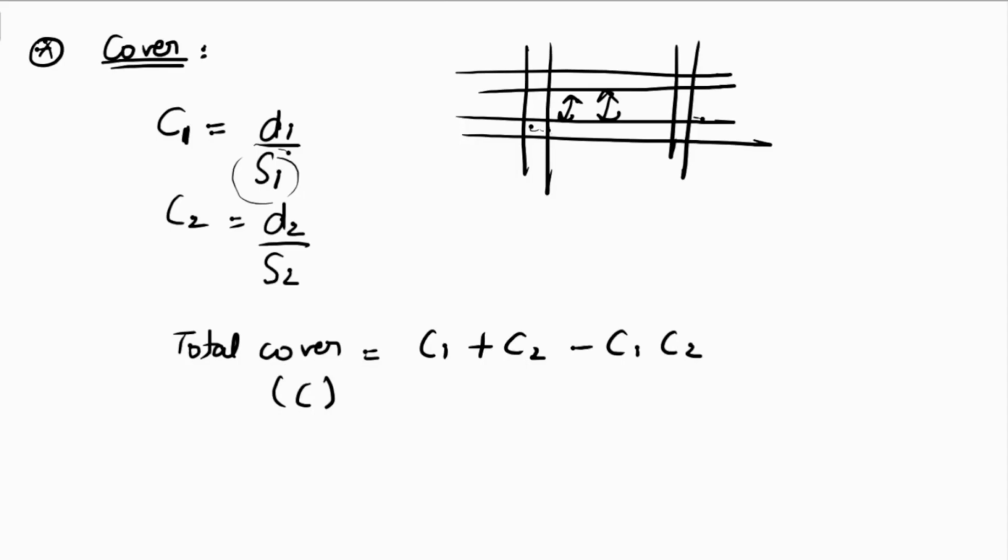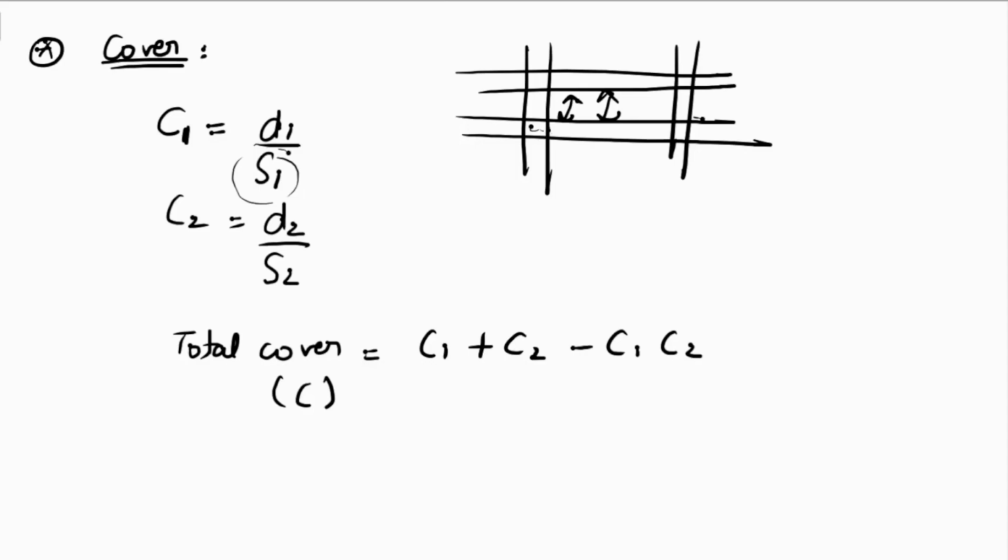Suppose the cover is 60%, that means the fabric occupies 60% and the rest is unoccupied space. We have talked about porosity, yarn porosity and packing fraction. Packing fraction is on a similar line: it is the space occupied in a yarn. We have already discussed all these things.